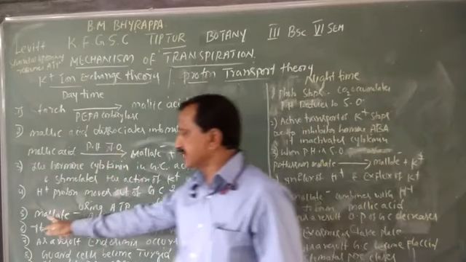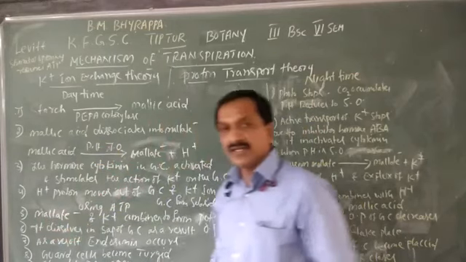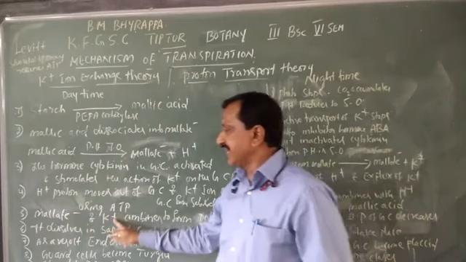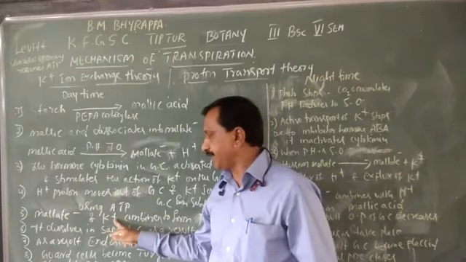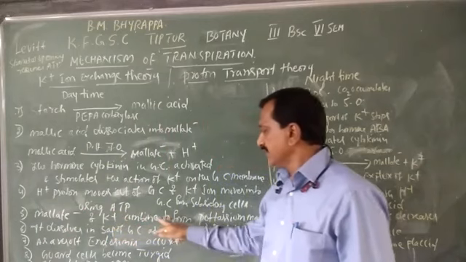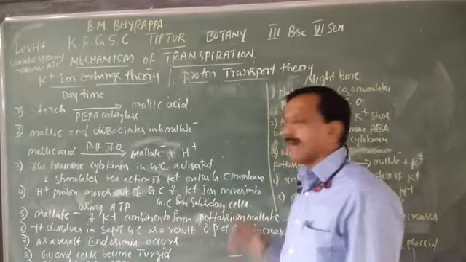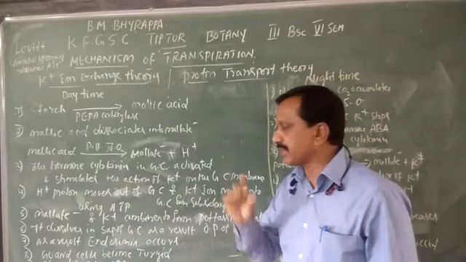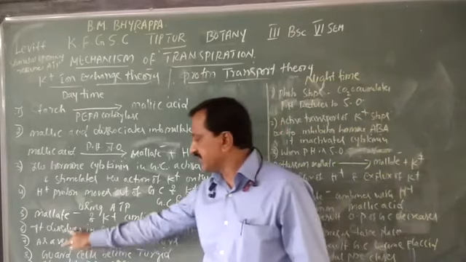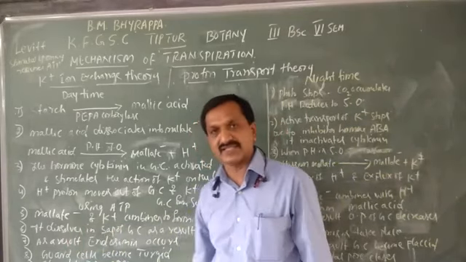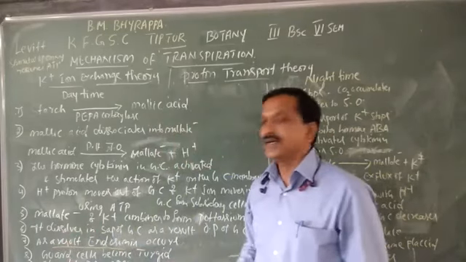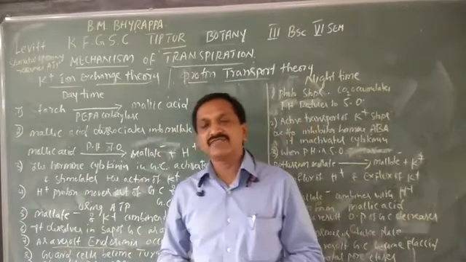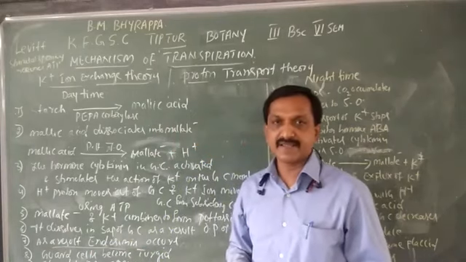Then what happens? The malate minus ion combines with the K plus ion using ATP to form potassium malate. The potassium malate is a salt which dissolves in the sap of the guard cell. As a result, the osmotic potential of the guard cell increases.